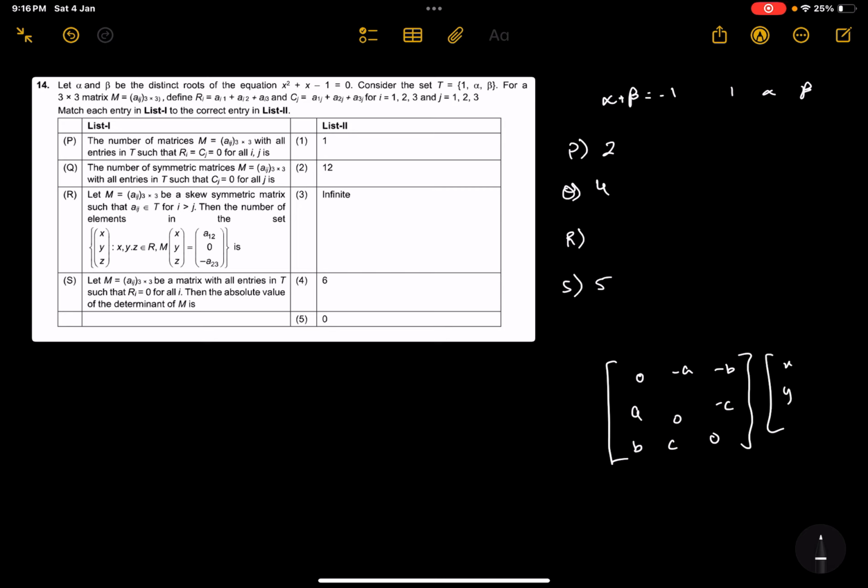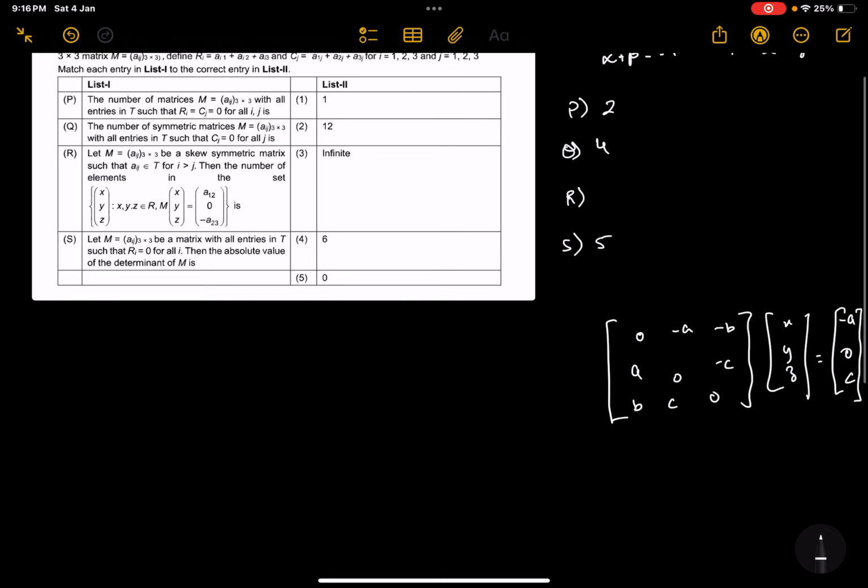This times X, Y, Z gives us minus AY minus BZ equals minus A, AX minus CZ equals 0, and BX plus CY equals C.